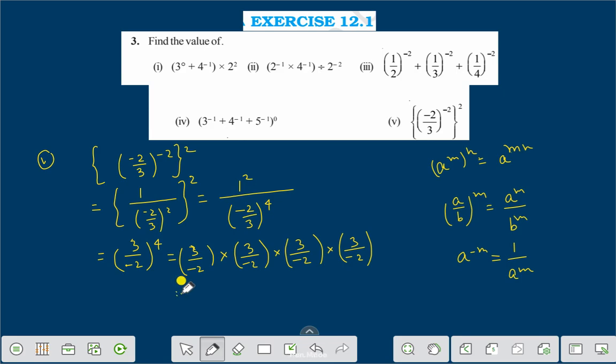Therefore 3 into 3 is 9, 9 into 3 is 27, 27 into 3 is 81. We get 81 divided by 2 into 2 is 4, 4 into 2 is 8, 8 into 2 is 16, so 81 by 16. Minus into minus is plus. Therefore, the answer is 81 by 16. That is the answer of question number 5.